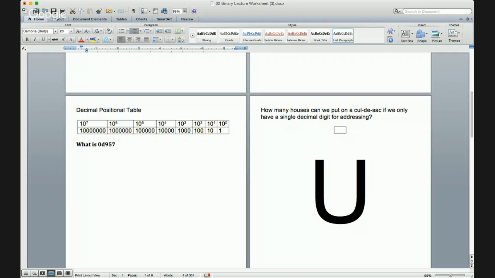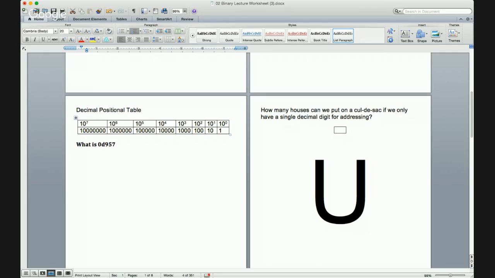By inspection, which is what we're going to do, I could look at the powers of 10 and determine the largest common denominator. So just to be silly here, 957. Are there any 10,000s in 957? No. Okay, moving on. Are there any thousands in 957? No. Are there any hundreds in 957?